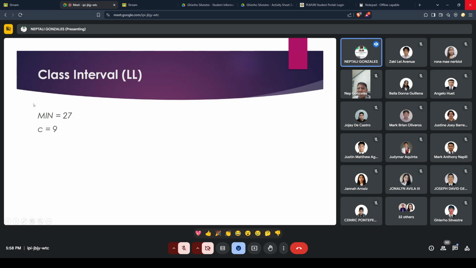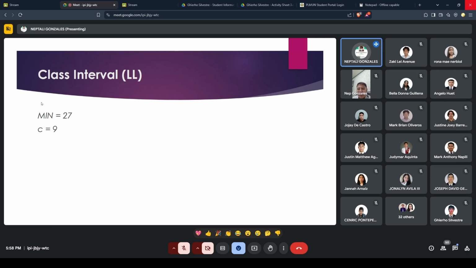Then you are just tasked to add the C. So again, if your R, your K, and C are wrong, the entire FDT will be wrong. So your minimum value is 27. Your C, or the class size, is equal to 9.